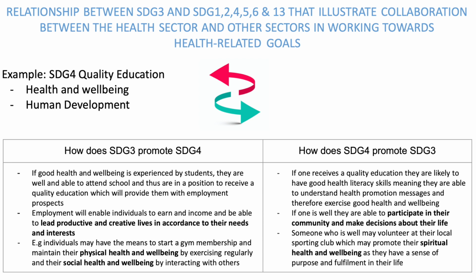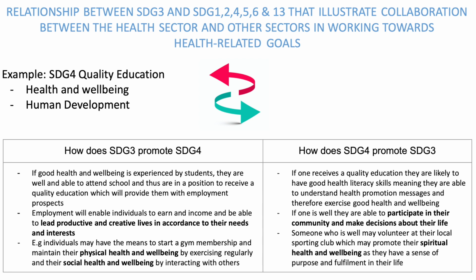For example, individuals may have the means to start a gym membership and maintain their physical health and well-being by exercising regularly, and their social health and well-being by interacting with others. As you can see, I've bolded the part that relates to human development and health and well-being.